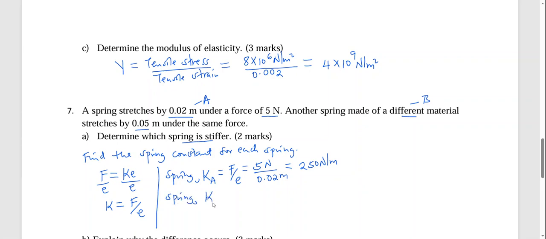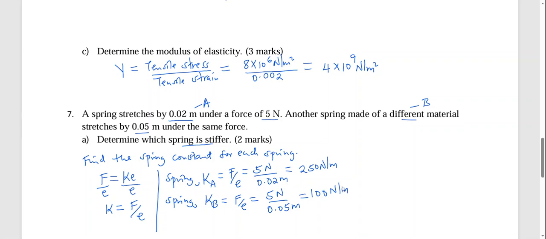For spring B with spring constant KB, it will be force all over extension, which is 5 Newton, the same force, all over 0.05 meters. This gives us 100 Newton per meter.